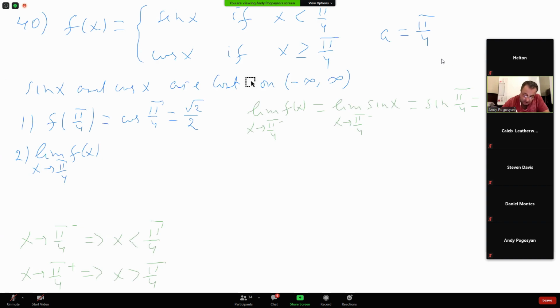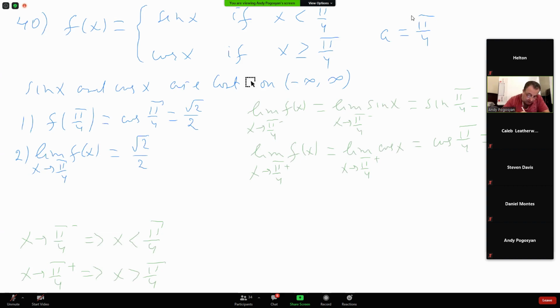Now, the limit of f of x as x approaches pi over 4 from the right. In this case, the rule is cosine x, so as x approaches pi over 4 from the right it equals cosine pi over 4, which is square root 2 over 2. So the limit exists and it equals square root 2 over 2.